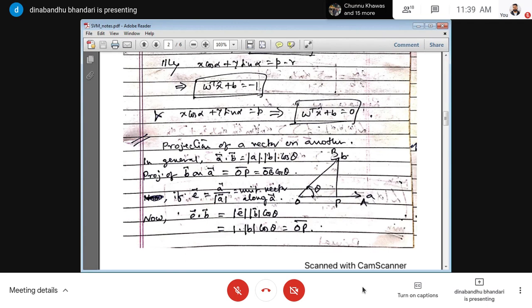Now if you have to find out the projection of B on A, the simple way is to find the unit vector in the direction of A and perform the dot product with B. You will get the projection of B on A. Remember that. This is what is required to find out the margin.